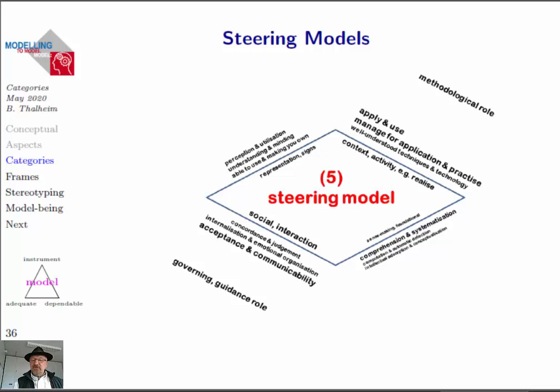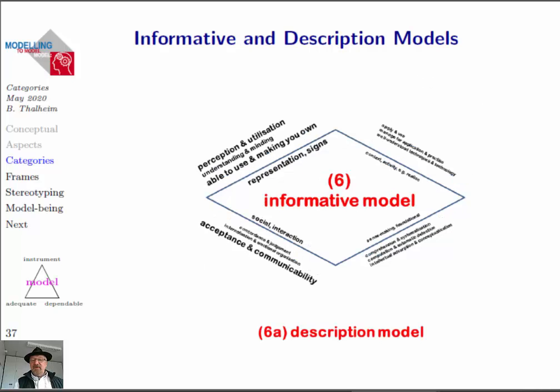Okay, let's now continue with the next class we didn't cover so far. This is the class of informative and description models. Informative models have been already covered in lectures before in this course.